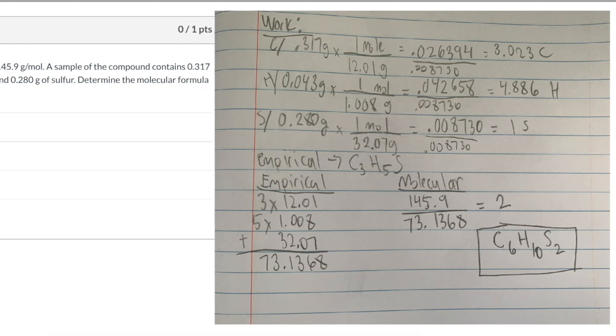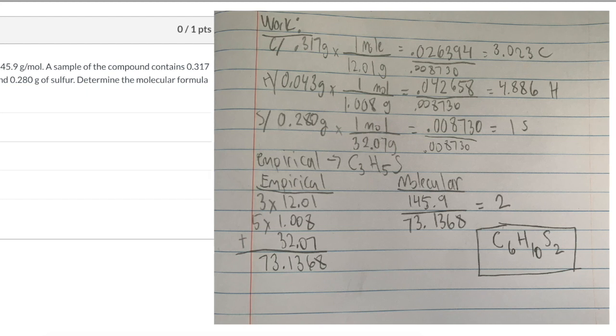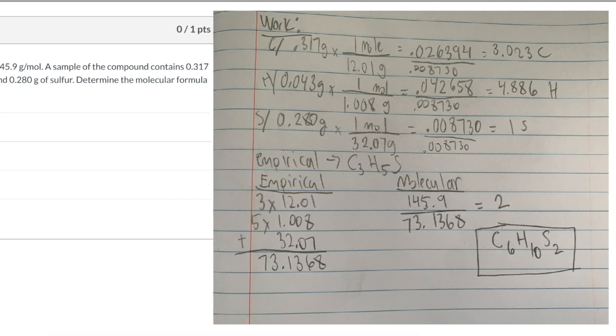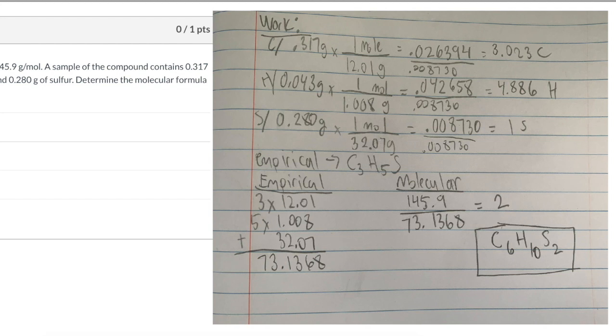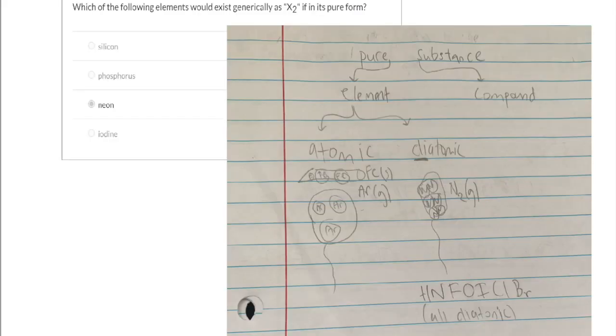So for carbon 3, you just get the 2 and multiply that by 3, which is 6. So you get C6, H10, because 2 times 5 is 10, and S2. Since there's only one S, you do 1 times 2, which is 2. So your molecular formula in this problem would be C6H10S2.